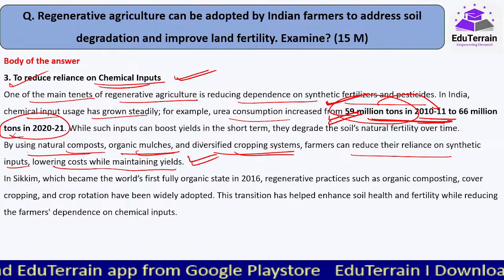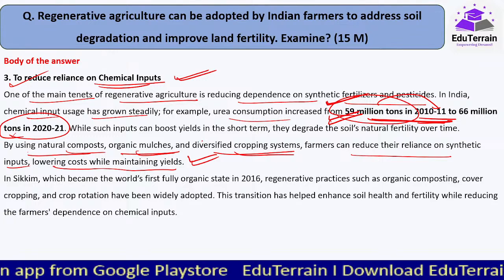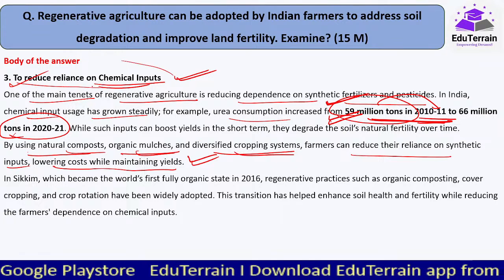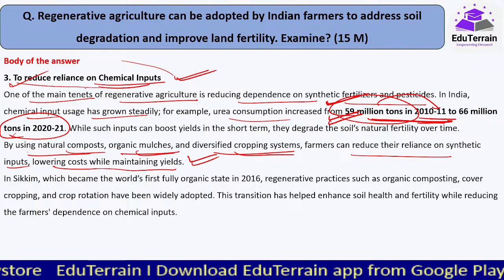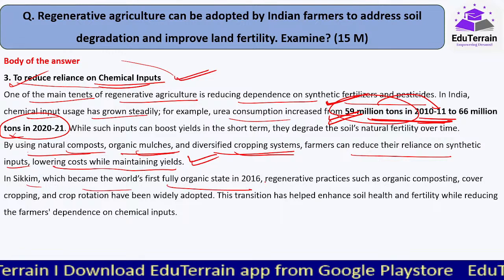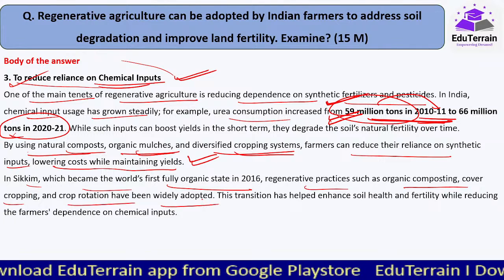Best example, if you can give a live example, जो किसी भी article की ज़रूरत नहीं है. When we talk about reducing the reliance on chemical inputs and how that has impacted production positively, Sikkim is the best example. In Sikkim, which became the world's first fully organic state in 2016, regenerative practices such as organic composting, cover cropping and crop rotation have been widely adopted.